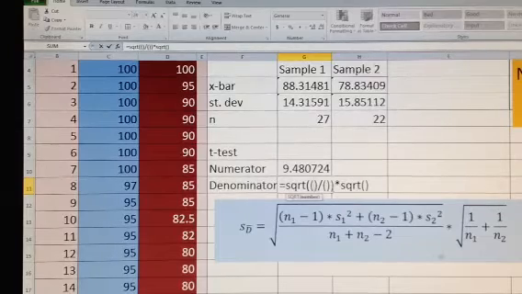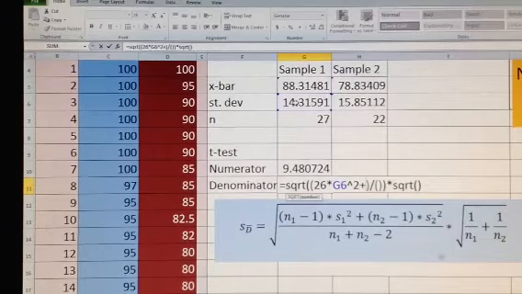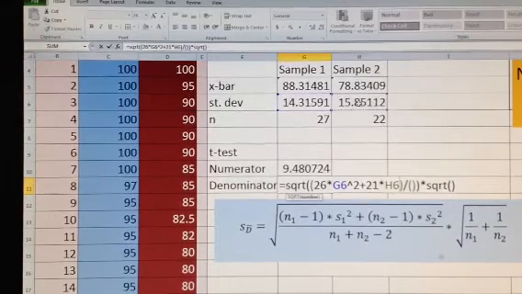Then I continue with the numerator: n1 minus 1, 27 minus 1 is of course 26, times the standard deviation S1 squared, plus n2 minus 1, which is 22 minus 1, it is 21, times the standard deviation of the second sample squared.